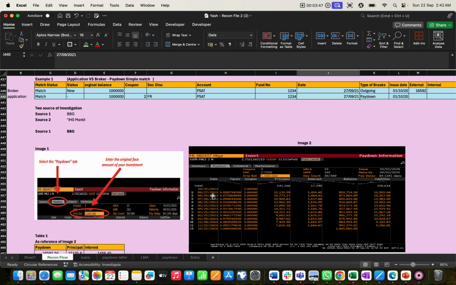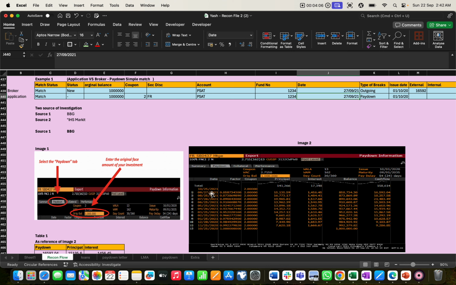So why 27? Because it is the payment date of this schedule, like what we do in a home loan with the EMI date, which we decide when we take the home loan, like 10, 15, 5 or something. So here the pay down date is 27/09/21.